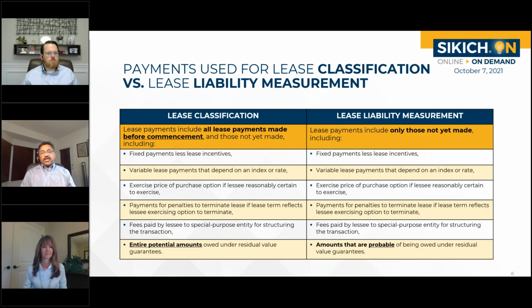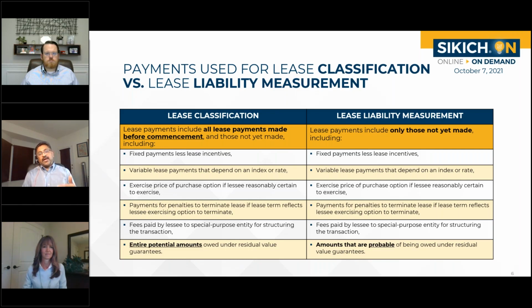For lease classification, all lease-related payments made before commencement of the lease and those payable after commencement are included, including fixed lease payments less lease incentives, if any, variable lease payments that depend on an index or rate, exercise price of purchase option if the lessee is reasonably certain to exercise the purchase option, payment for penalties to terminate lease if lease term reflects lessee exercising the option to terminate, fees paid by lessee to special purpose entities, SPEs, and the entire potential amount owed under residual value guarantee.